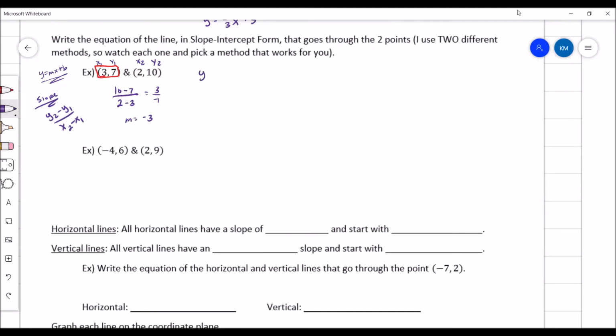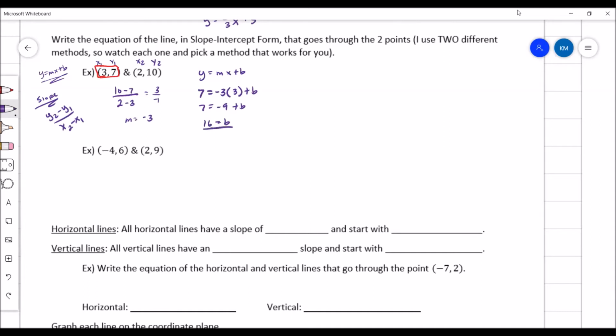In y equals mx plus b, I plug in my y, which is 7, my m, which we found to be -3, and my x, which is 3, and I'm solving for b. So 7 equals -9 plus b. Add 9 to both sides, and we find out that b is 16.